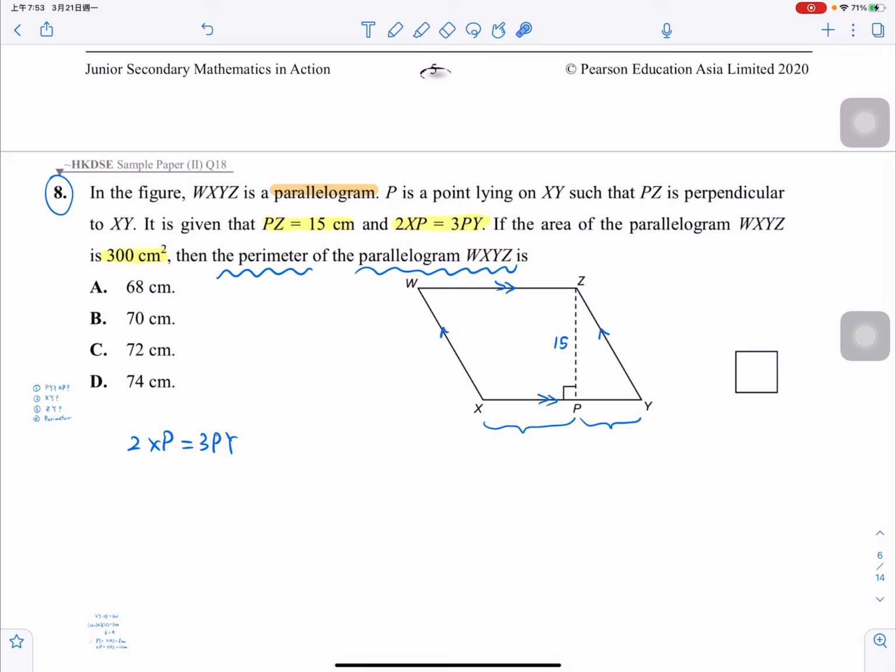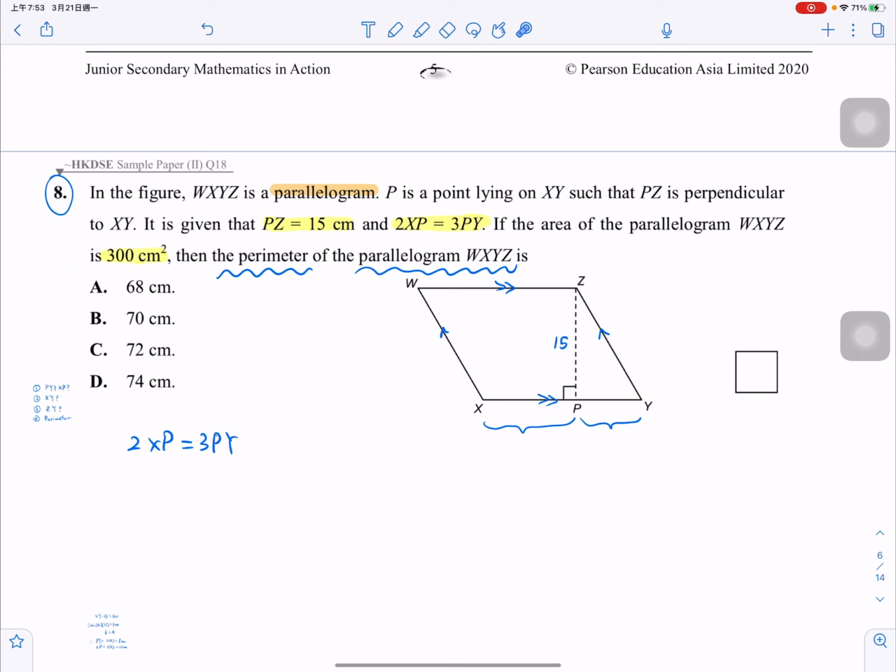So first, what should you find? Do you know this length, XY? To find XY, I think you need to find PX and PY. Here is the height of the parallelogram, right? So if you know this one, you can find XY.